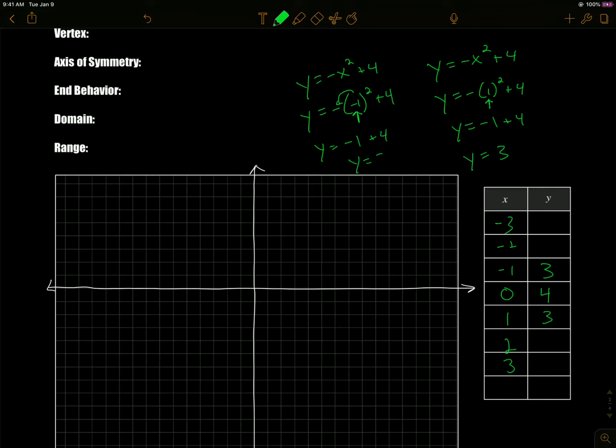That's why I get sister points, because of the squaring. Whether I put in a positive or a negative, when I square it, I'm going to get the same value, +1, and then I multiply it by the negative to turn it back into a -1. That's why the sister points occur.